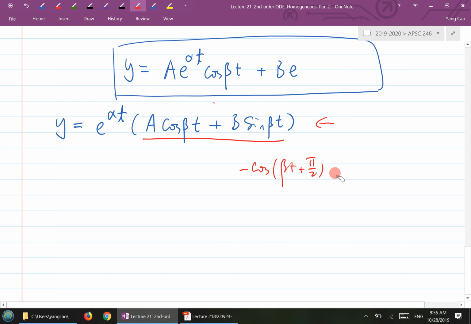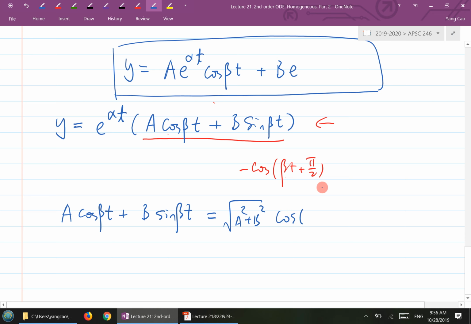To combine these two together, there are many different ways. In my lecture notes, I think I showed you at least 3 different ways of combining these two terms. But irrespective of whichever you choose, you can always write the addition of a cosine beta t and b sine beta t as this.